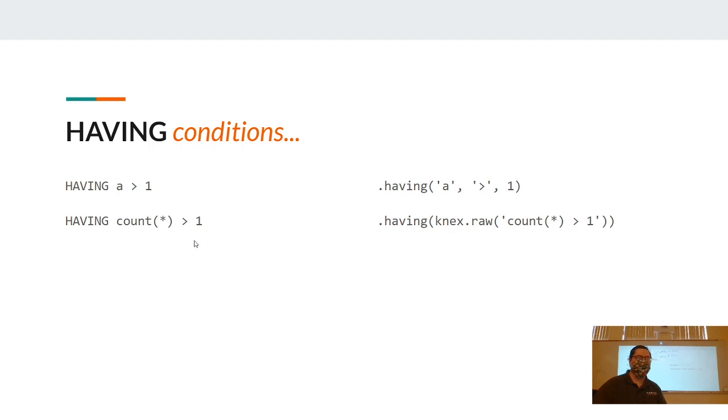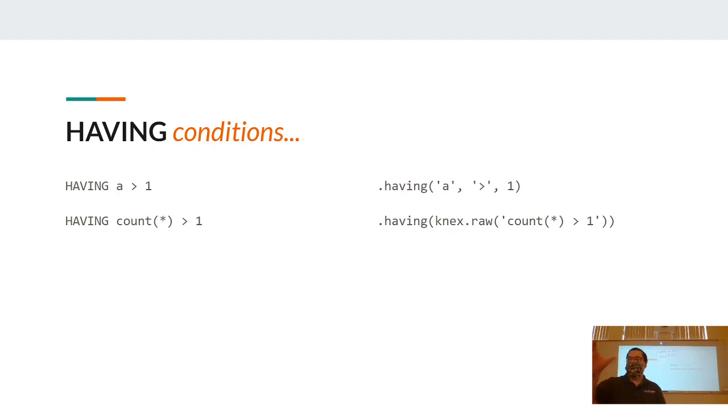However, you remember I said the most common case that you do is having count greater than 1. Turns out that getting count into your having clause is not the easiest thing to do in knex. So the way that I translate that to knex is you actually use this function called knex raw. This is one thing you want to avoid as much as possible, but there are cases like this where you need it.